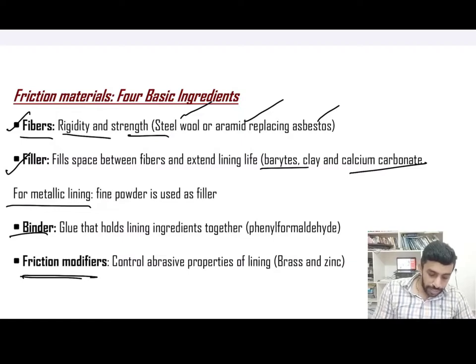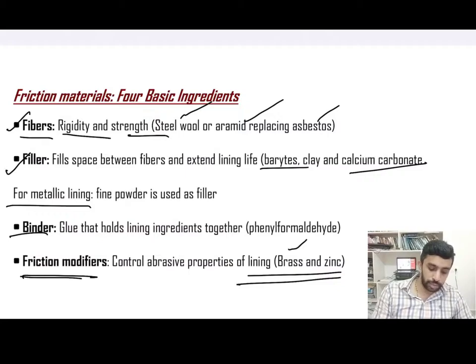So we usually add some amount of modifiers or additives so as to enhance the friction. Usually brass or zinc are some of the components added in order to increase the friction. So these are the basic components, and the way in which the elements are used for the production of friction materials.